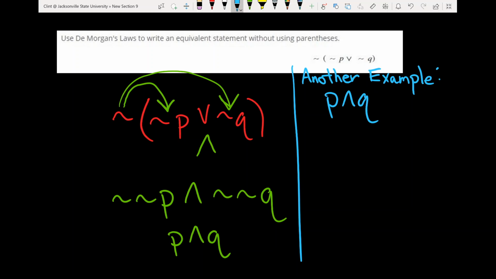We could put a squiggle out front, but we want to end up with P and Q, not squiggle P, squiggle Q. So that means we have to have a squiggle P here, that way the squiggles will cancel out, and the same thing with squiggle Q here. That way, when we distribute the squiggle, working backward, the squiggles will cancel out. And then we started with AND, so we want to end up with OR. So you can do them both directions.